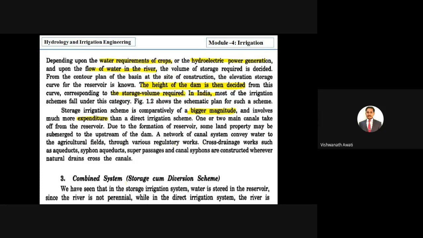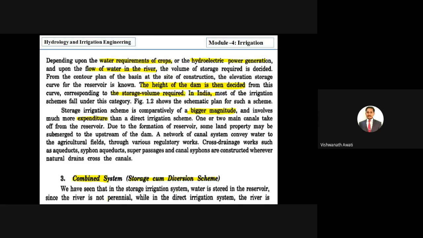Then we'll go for the last one, the combined system, or storage cum diversion scheme. Here we have seen that in the storage irrigation system, water is stored in the reservoir since the river is not perennial.